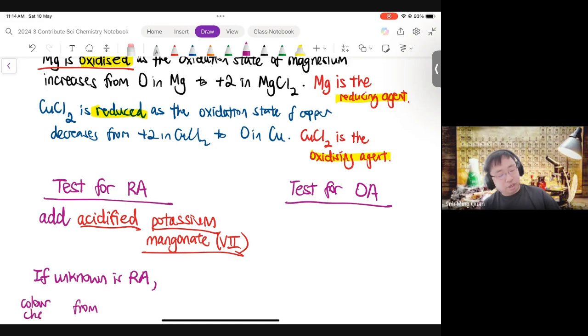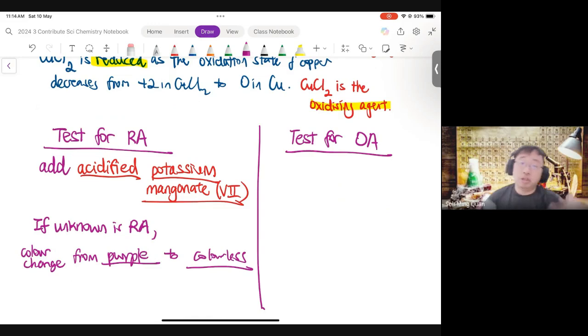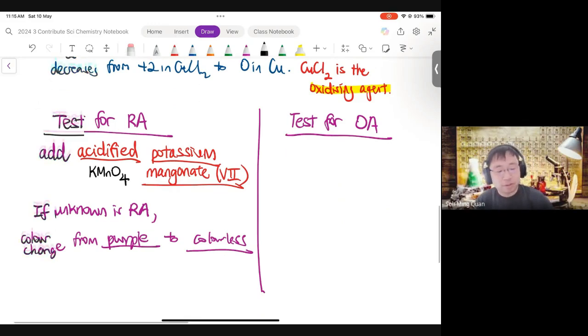Color change from purple to colorless. Okay, so this is very important. You will need to know how it's like QA test. You will need to memorize. If it's a reducing agent, it will change the color of acidified potassium manganate 7 from purple to colorless. Okay, now the chemical formula of potassium manganate 7 is KMnO4. Okay, so it's a test for reducing agent.